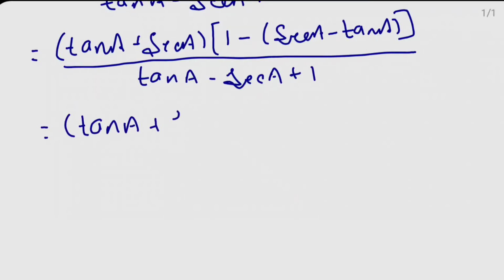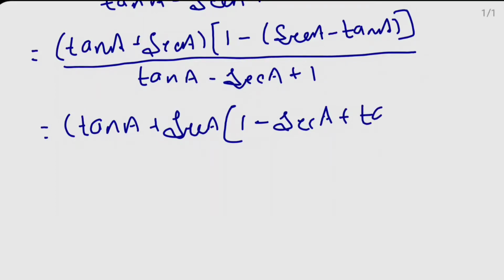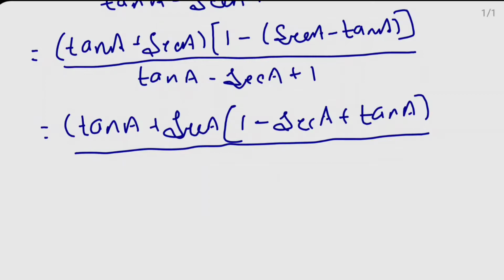And in the next step, tan a plus sec a as it is, in a bracket 1 minus into sec a is minus sec a, minus into minus tan a is plus tan a, and this divided by tan a minus sec a plus 1.